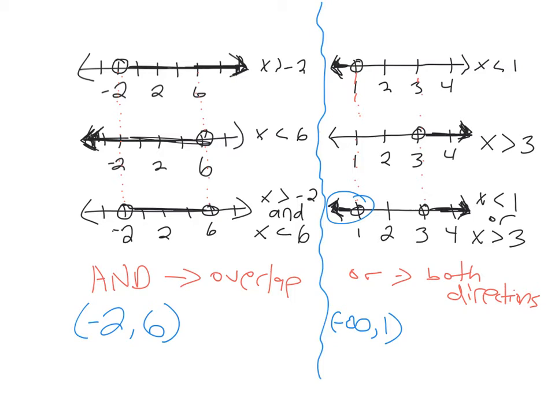Then we start back up at 3 and go right forever, so that's infinity, and they're open, so parentheses as well. What you can put in between, since it's an "or," is just the word "or." So that's our interval notation for these types of compound inequalities.